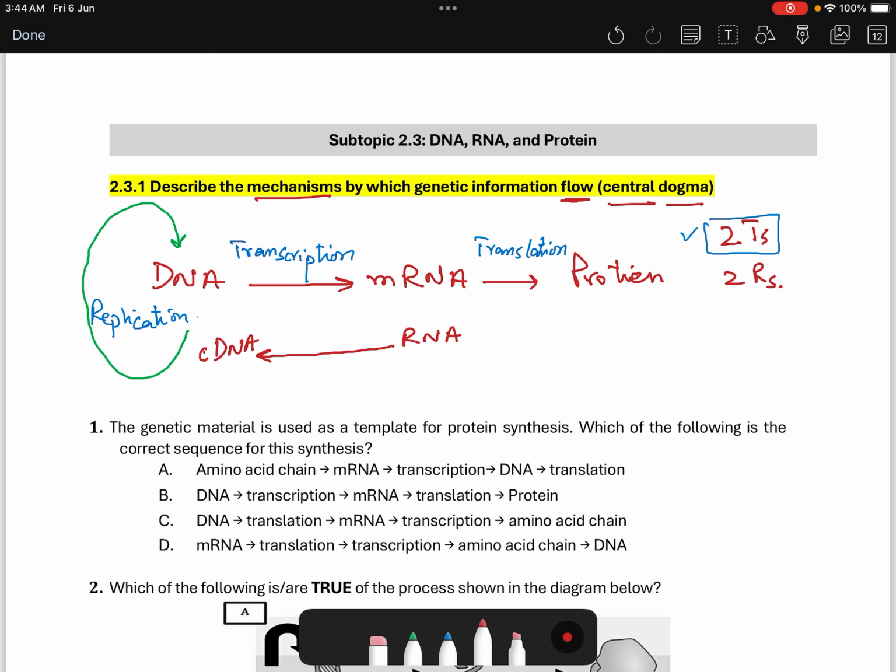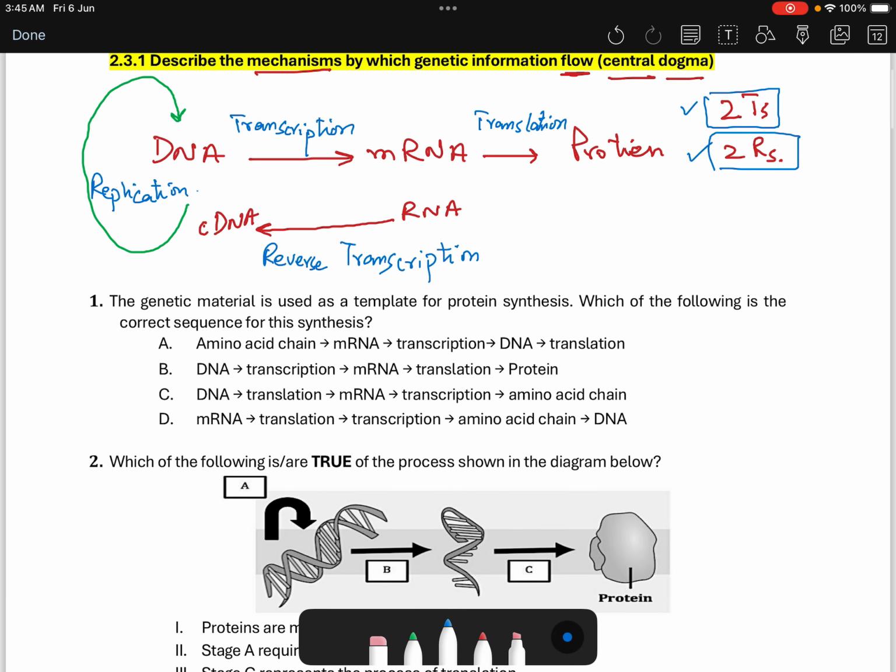Such process is called reverse transcription. So we are done with our R's as well. So the 2 T's are transcription and translation, while the 2 R's are replication and reverse transcription. I hope it is very clear. So we will move on to the questions.